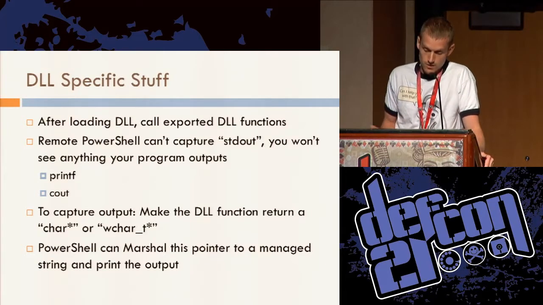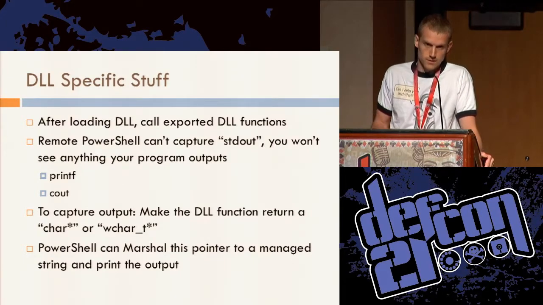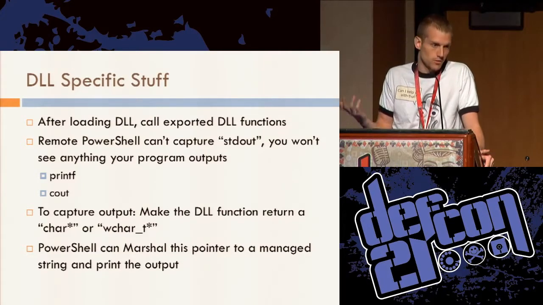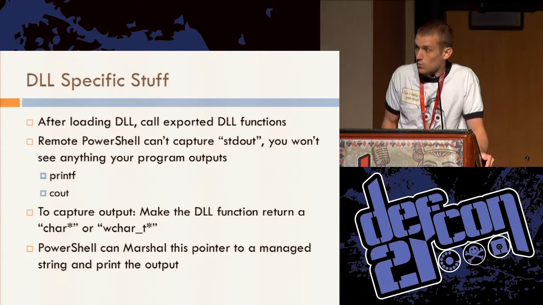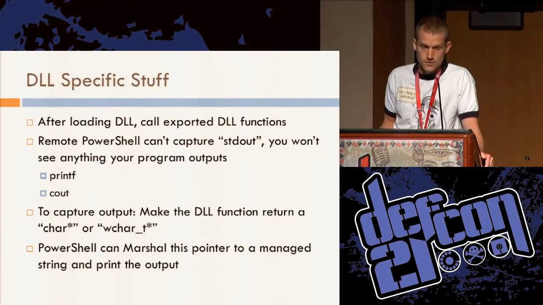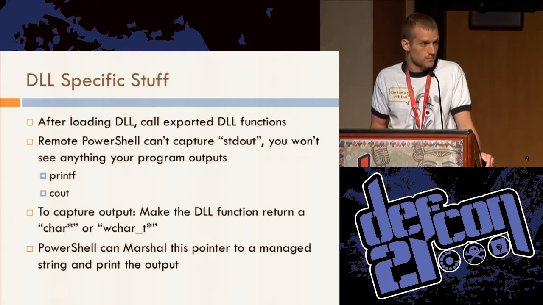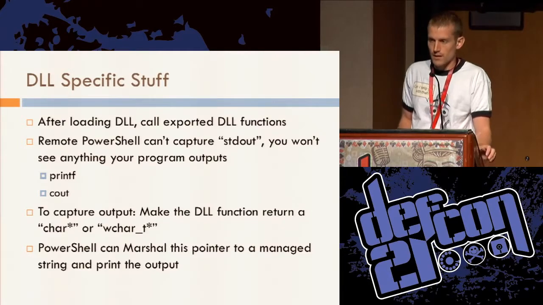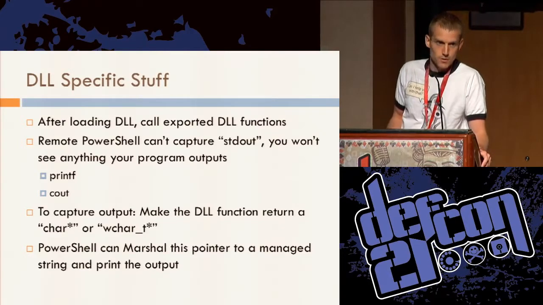So the first thing you're going to want to do is call a DLL function that you exported. And this will contain your payload, or the code you want to execute. One little caveat with doing this is that if your DLL or your exe for that matter outputs data using standard out, like if you use printf or cout in C++, PowerShell can't capture that output.